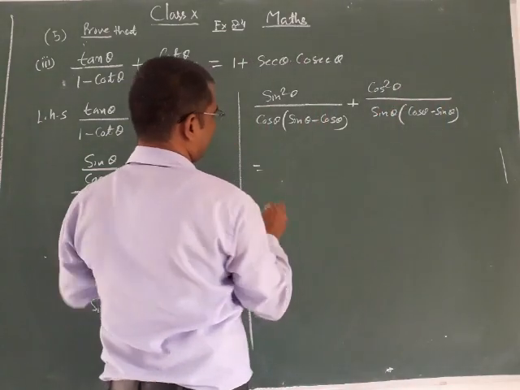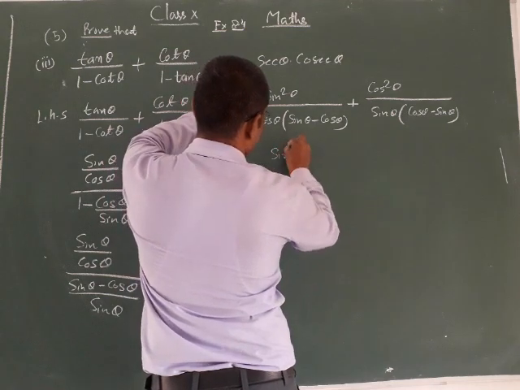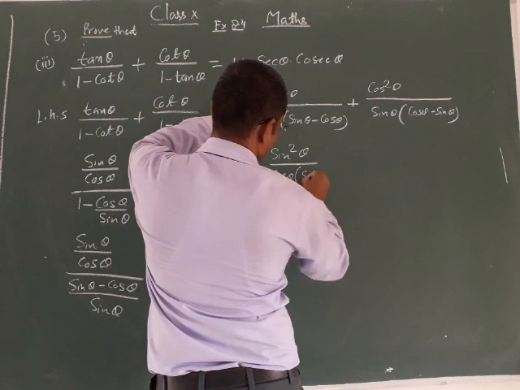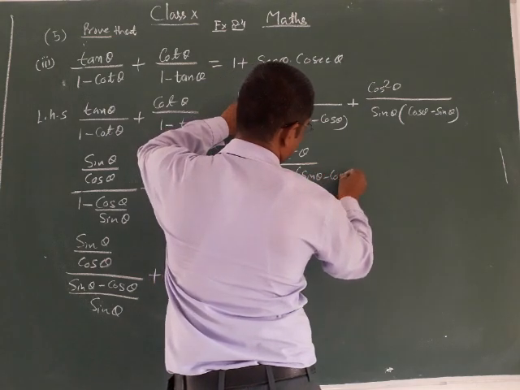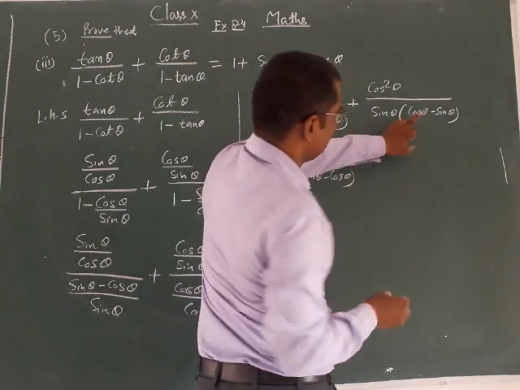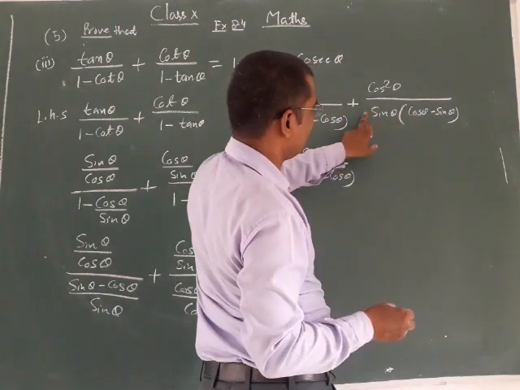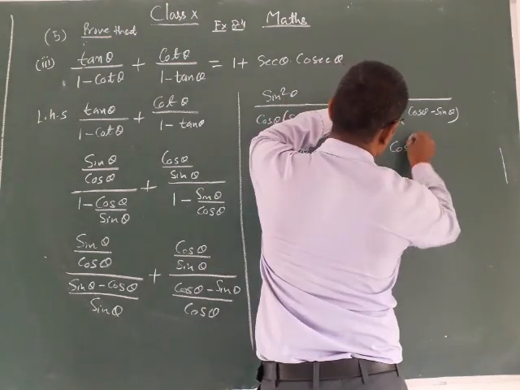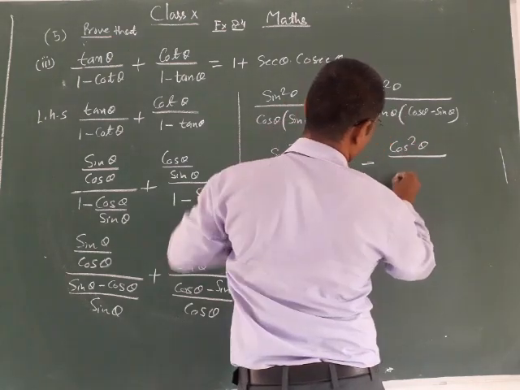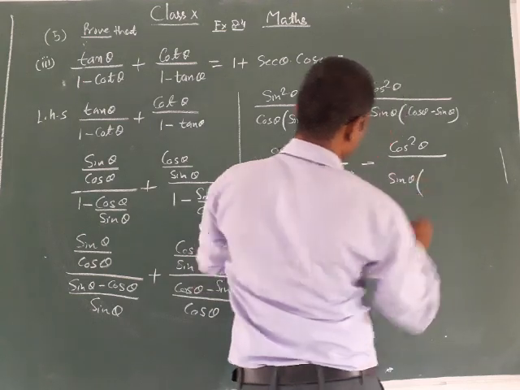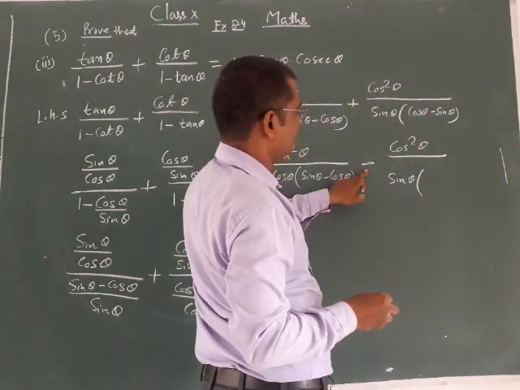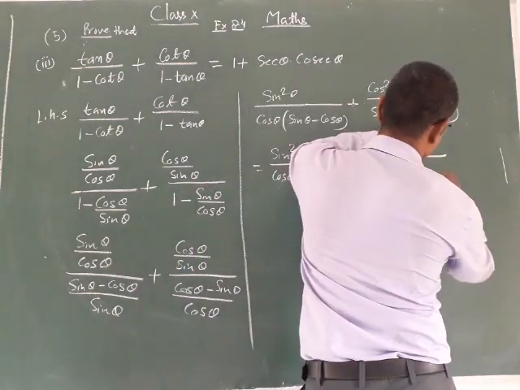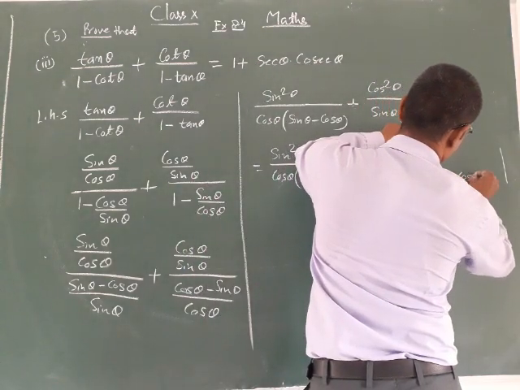So also you can write sin square theta upon cos theta (sin theta minus cos theta). Changing the sign, minus common out, so cos square theta upon sin theta, minus common out gives plus and reverses, so (sin theta minus cos theta).